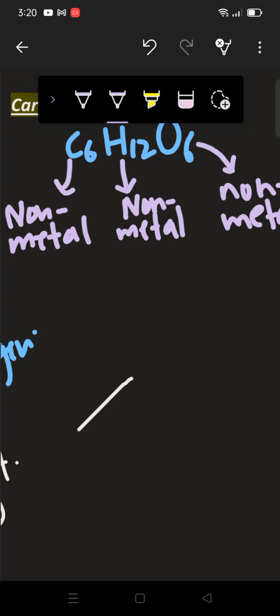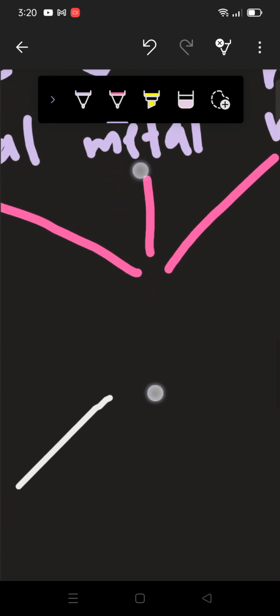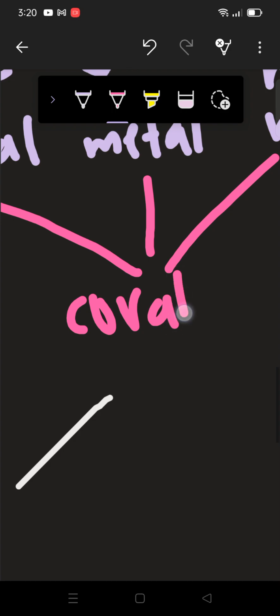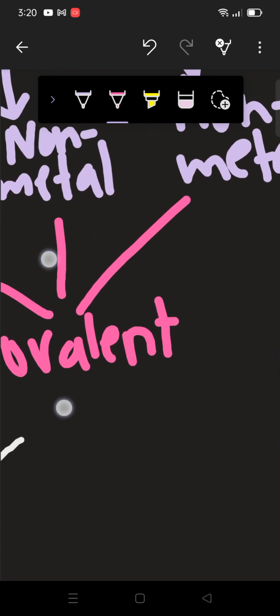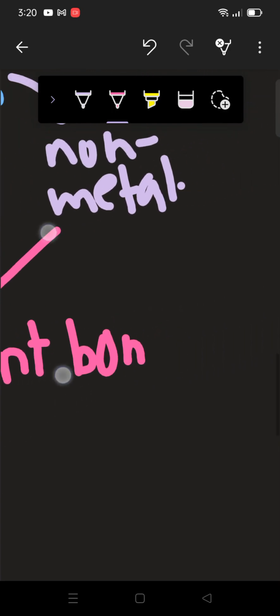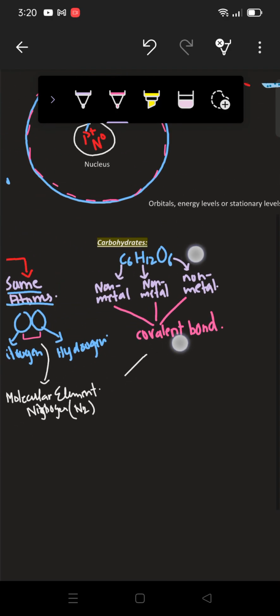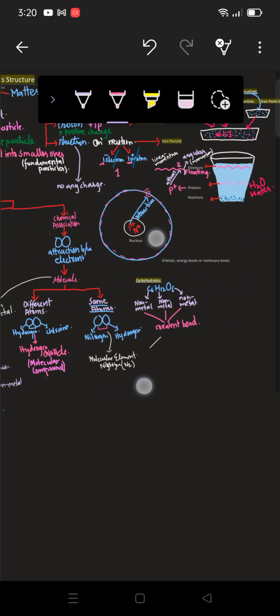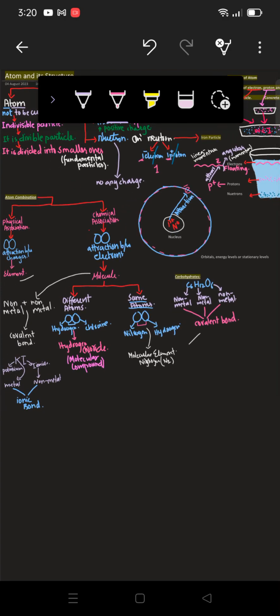There would be a covalent bond between them. As you can see, these three elements are non-metals, so they are going to form a covalent bond. All right, so in the first organic molecule, which is basically carbohydrates, we have seen that all the atoms are non-metal. That's why there is a covalent bond between them.